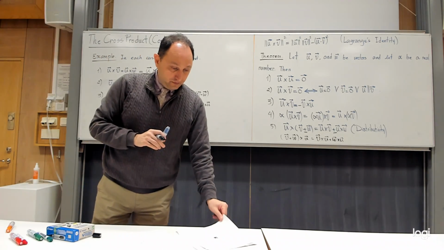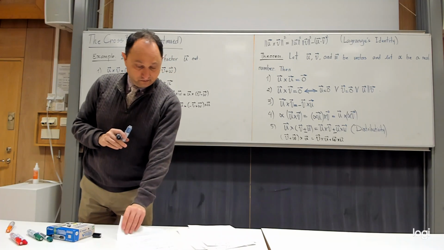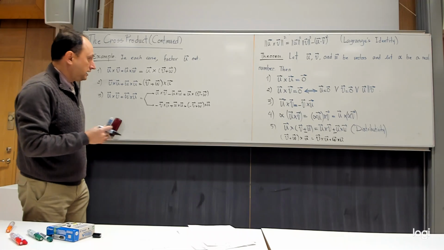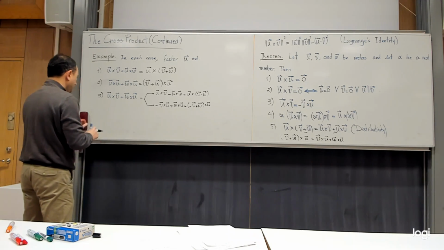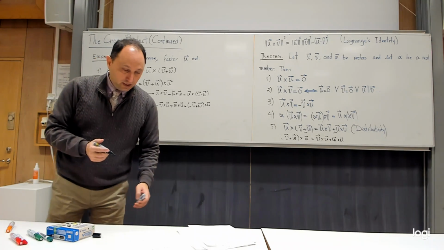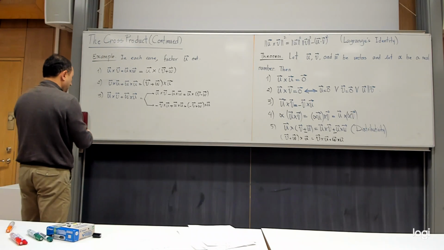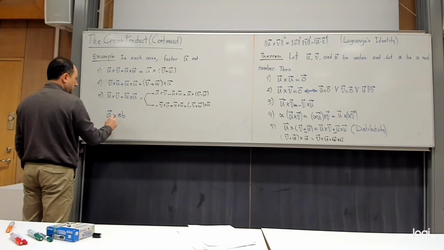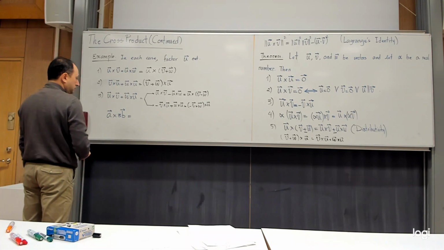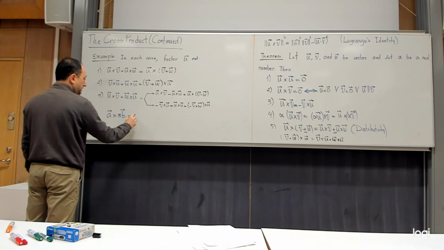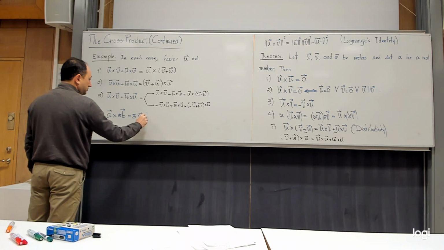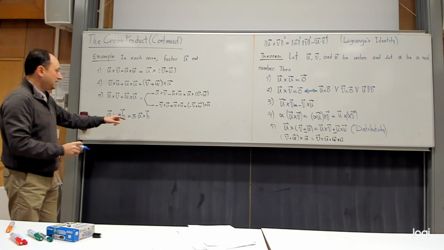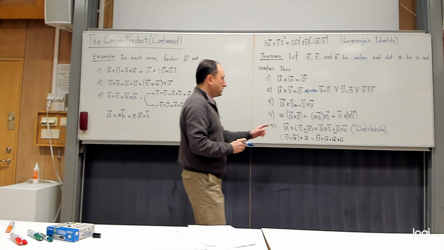Okay, let me write some expressions. For example, if I want to write A cross 3B, what can I write? I can write it as simply 3A cross B. I want you to realize that there is no difference between these two writings because of the scalar property.